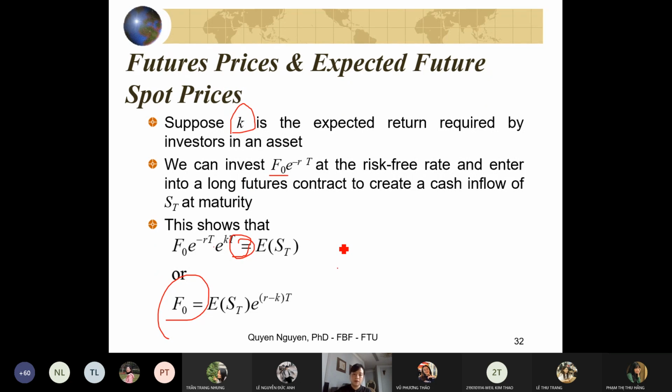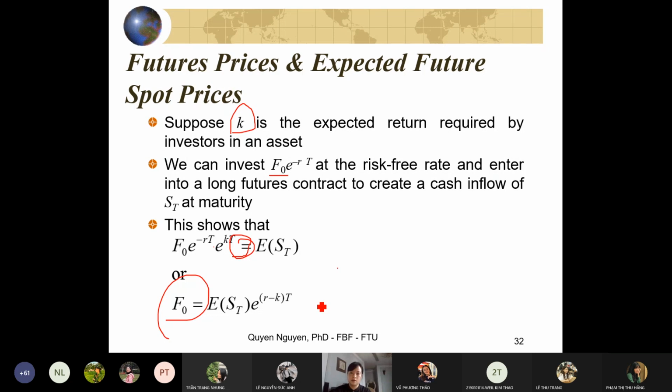By equaling the two sides of the formula between F0 multiplied by e to the power of minus RT and KT, then we rearrange the formula. We would say F0 can be valued by the expected value of ST, right, multiplied by e to the power of R minus K multiplied by T.